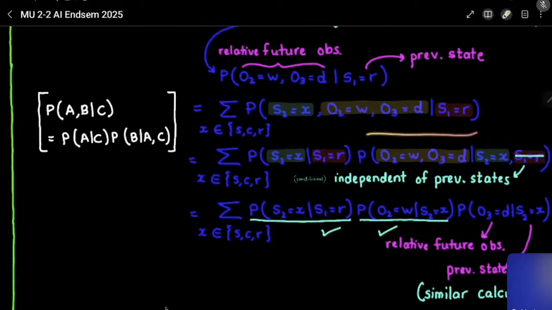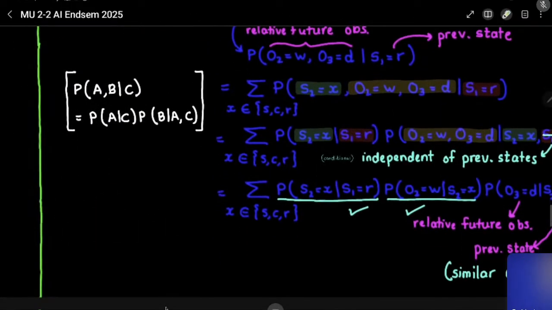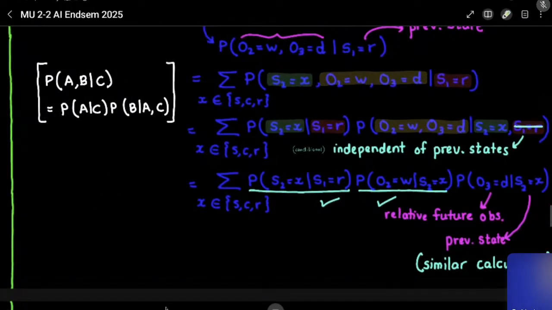And we know that observations O2 and O3 are independent of each other. Right? So probability of A comma B, if A and B are independent, I can say probability of A comma B is nothing but probability of A times probability of B. But if you remember, I said these are conditionally independent.